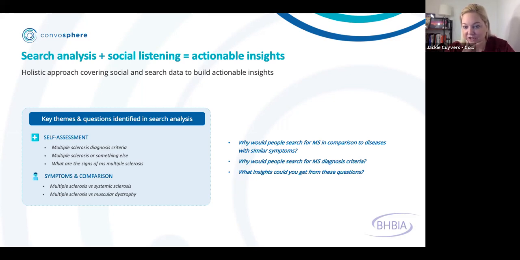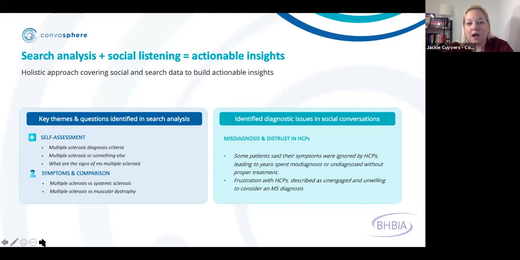So you're not just interviewing 5 patients, 50 patients, you're looking at what, thousands, tens of thousands of patients, caregivers have said and have searched for. And so you get a really broad view of what's going on, and some idea of the scale of that.